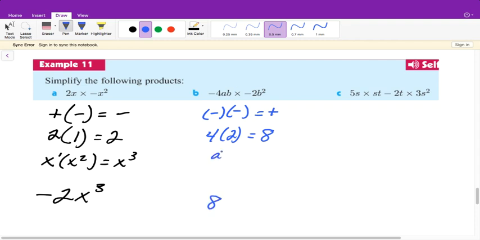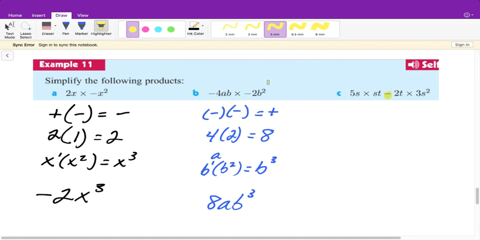Here I just have an a, and there's no other a that's being multiplied, so it's 8a. And then I have b times b squared. Same thing as with our x variable. This is understood to have a power of 1. So when it's the same base, we add our powers together. So 1 plus 2 is equal to 3. So it's 8ab cubed.